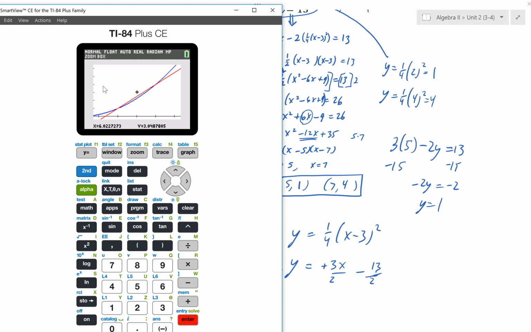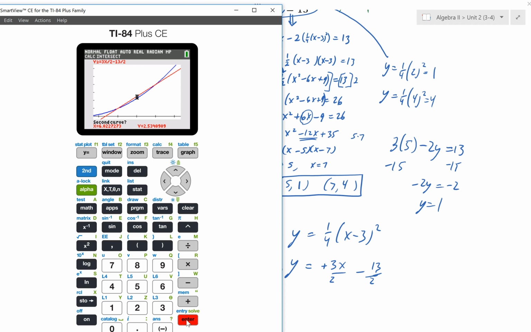And so now to find the intersections, I'm going to go to second calc. And option 5 is intersect. Okay, we don't want to use trace or just moving the cursor around to find intersections. We want to find the intersections using the intersect menu. So it's asking, am I on the first curve? And it looks like it's on the blue parabola, so I'm going to enter and say yes. And then it says, am I on the second curve?